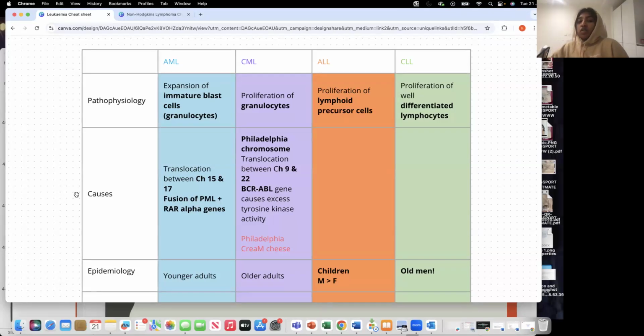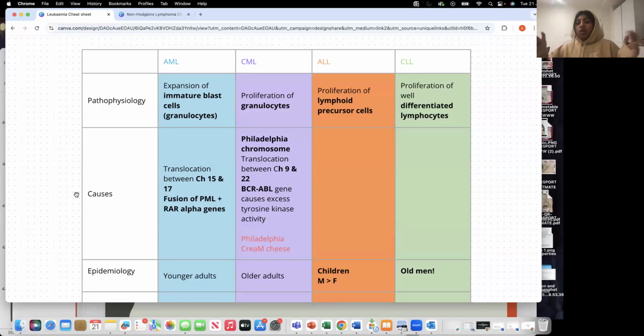So the pathophysiology. If you have an acute leukemia, whether it be AML or ALL, because it's acute, it's more likely to be the expansion or proliferation of immature cells. So if you see immature cells, like blasts, then it's more likely to be AML or ALL.